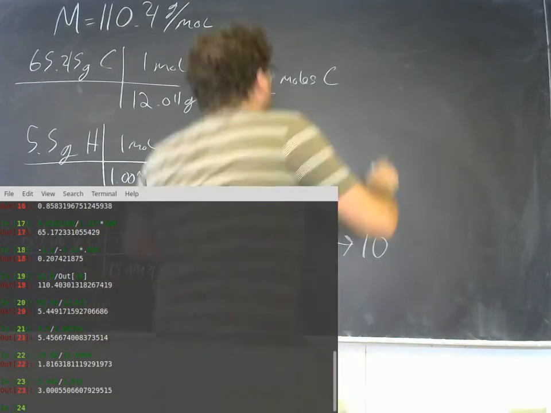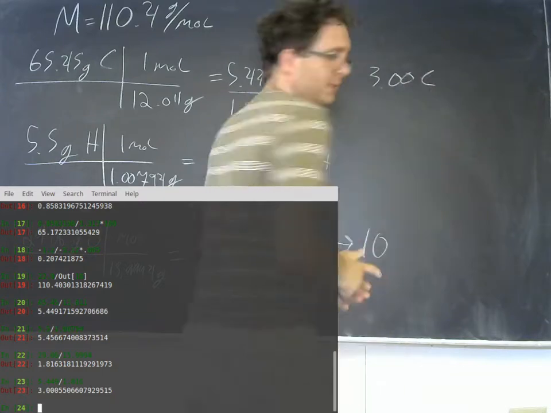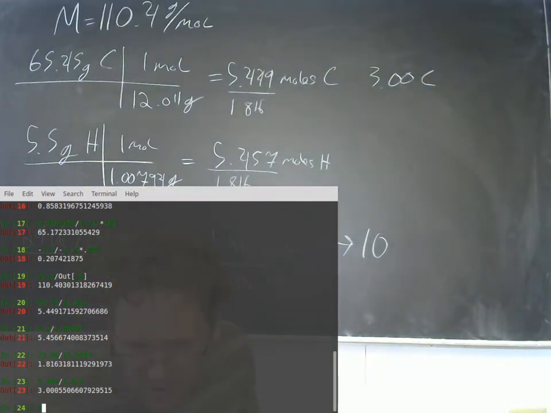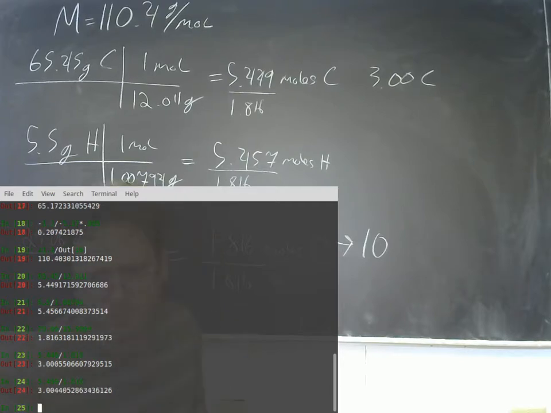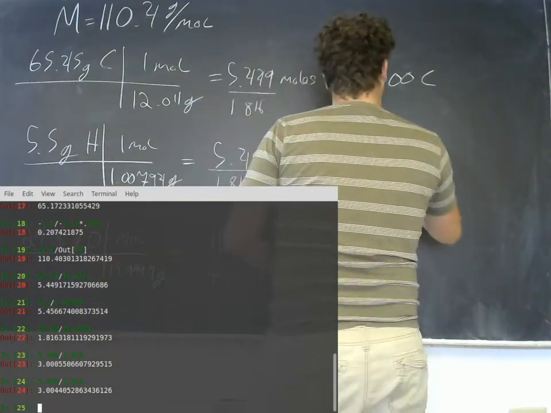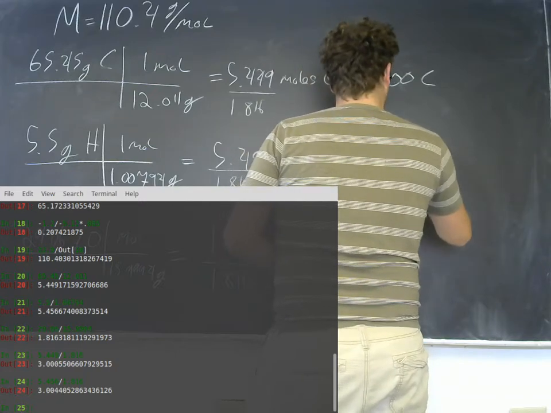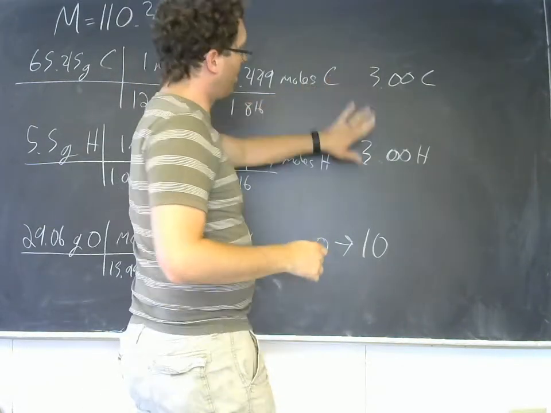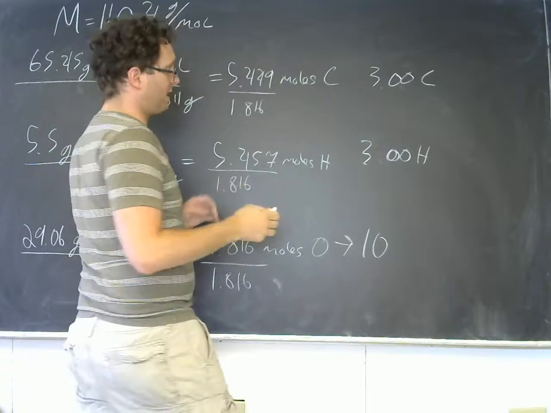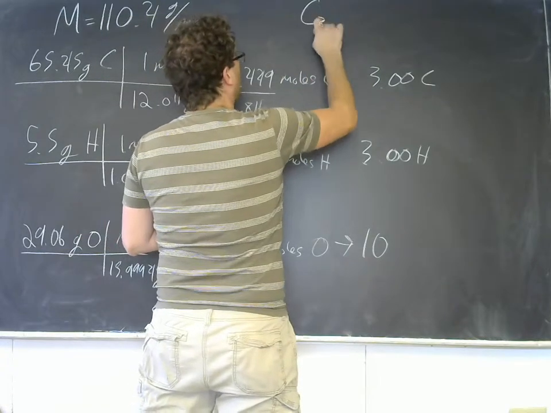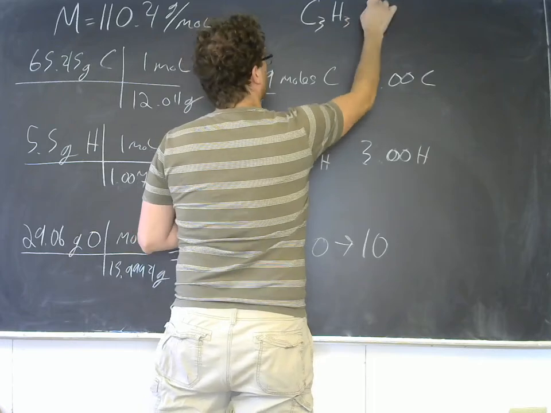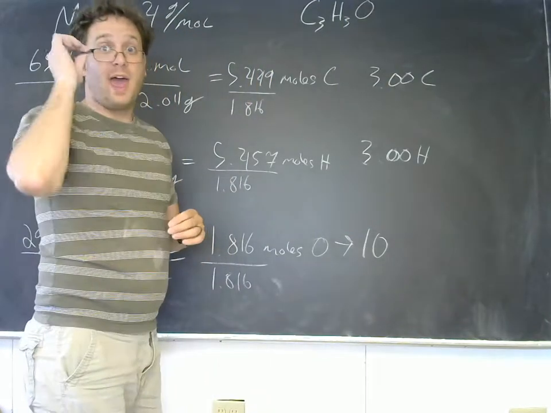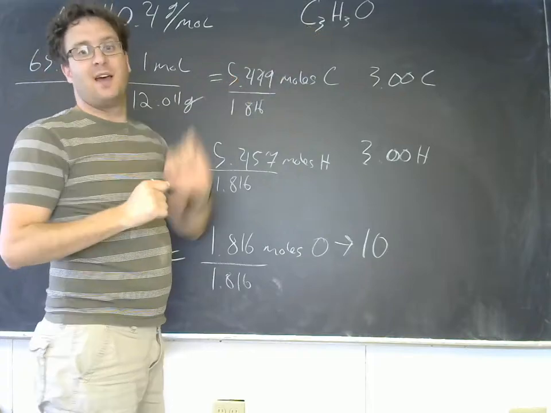That's 3.00 carbons. And 5.456 divided by 1.816, and that's 3.00 hydrogens. Ooh, we're almost there. This means we now have good ratios. We can give an empirical formula of C3H3O.